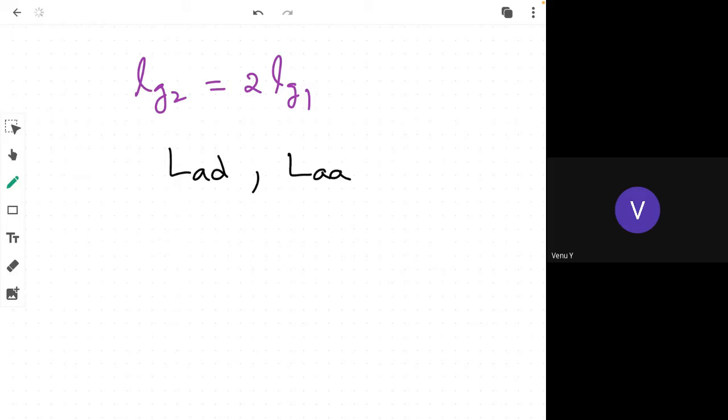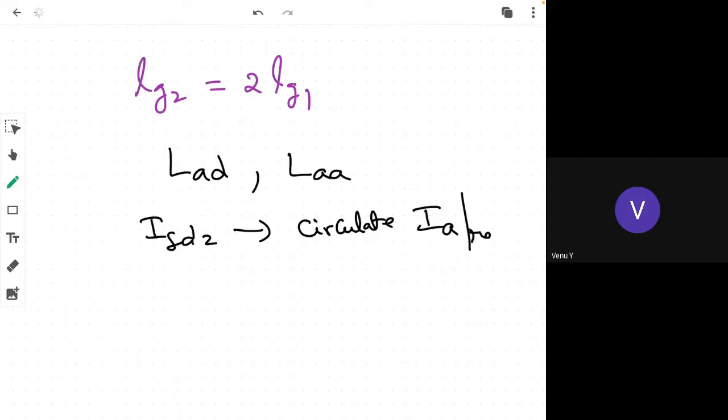Therefore, the field current IFD required to circulate the rated armature current remains the same.